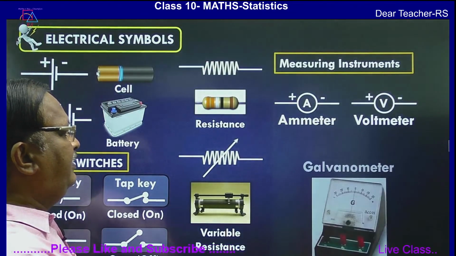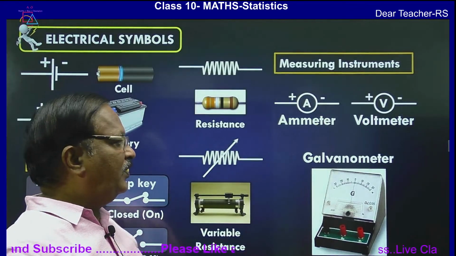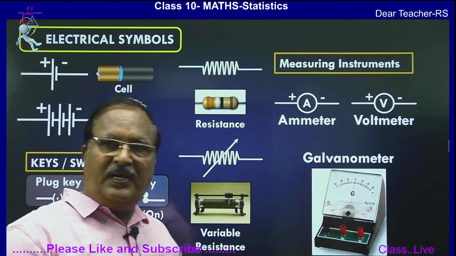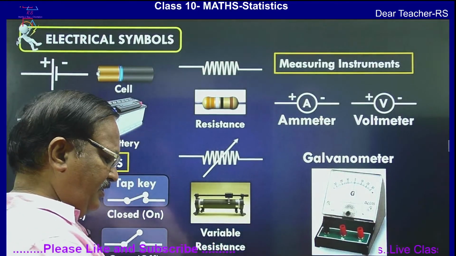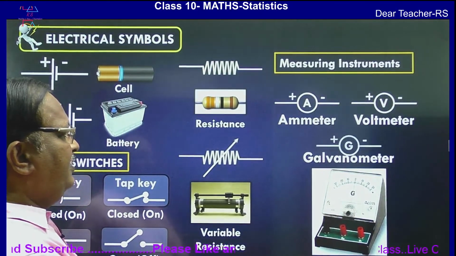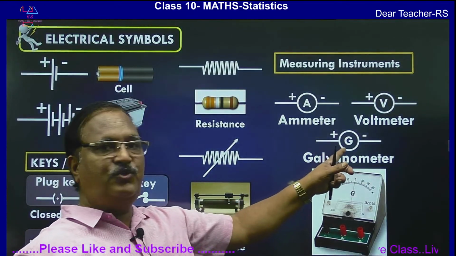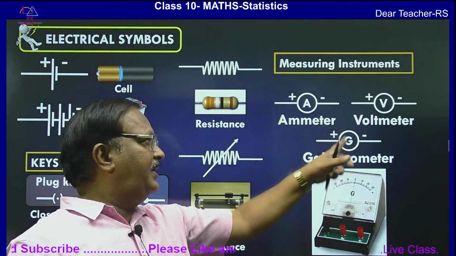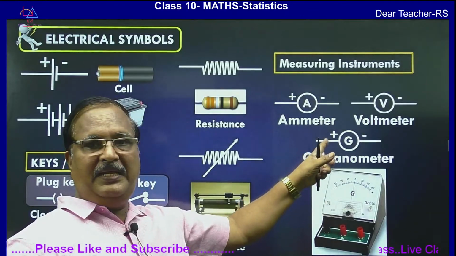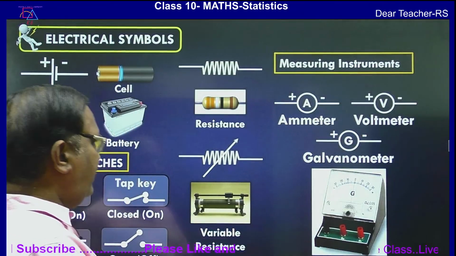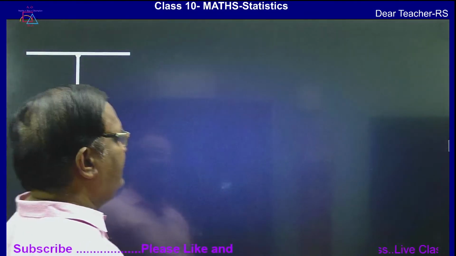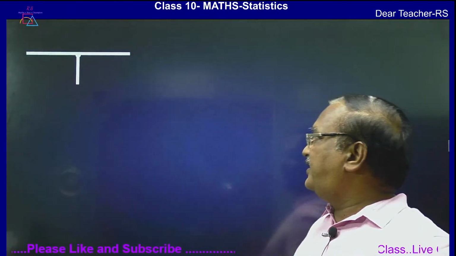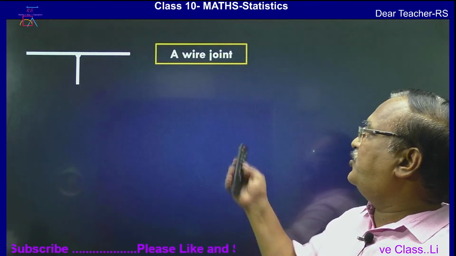Okay. So galvanometer is used to detect the current in the conductor, to detect whether it is there or not. So this is how it is to be represented, circle G and plus and minus symbol. Okay. This is one more, this is a wire joint.